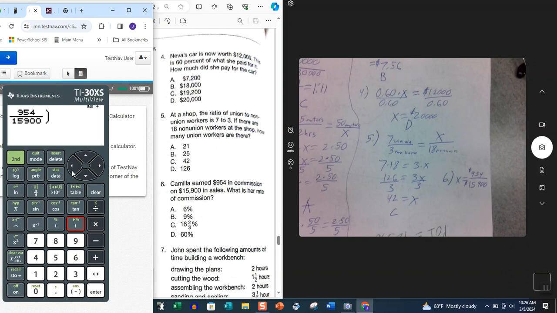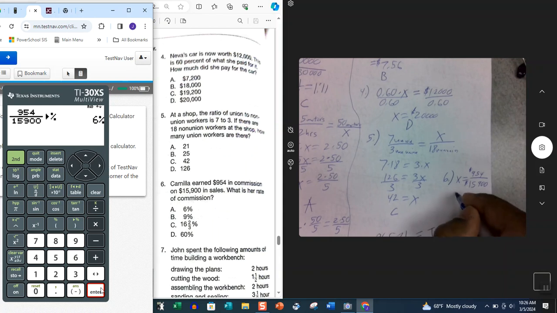No, I guess the second didn't take. So we'll hit second, close parenthesis, and press enter. So it's 6%. So X is 6%, which would give us A.